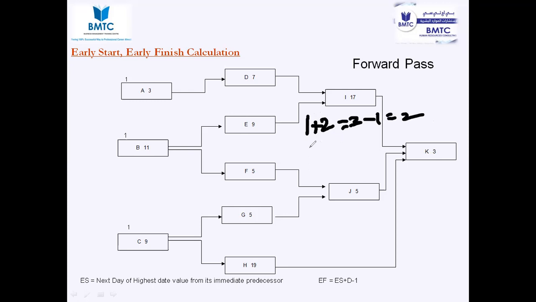So you start the second activity on the third day, and it will take 3 days. So what answer do you get? 6. So will you be completing this on the 6th day or the 5th day? 5th day. Minus 1. So you get 5, right? Day 3 in the calendar will be Tuesday, and it will take 3 days.